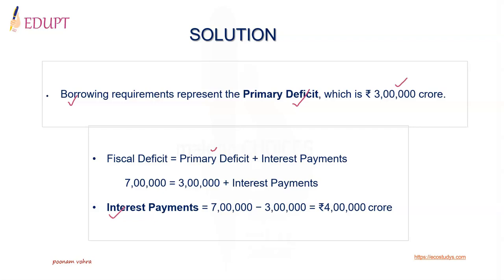So one can rewrite this formula as fiscal deficit is equal to primary deficit plus interest payments, which is 7 lakhs fiscal deficit, 3 lakhs primary deficit plus interest payment is unknown. So interest payment will be then 7 lakhs minus 3 lakhs. It is 4 lakh crores of rupees.